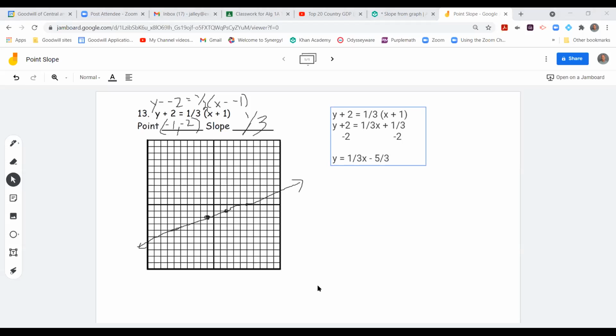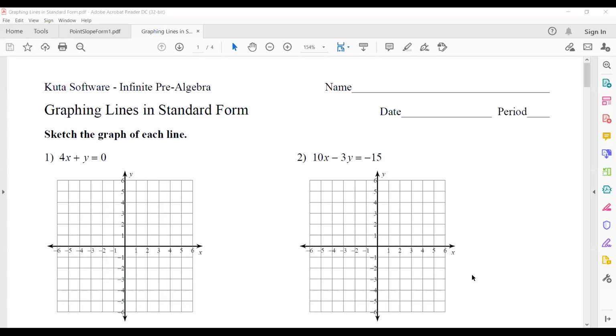I'm going to switch gears now to talk about something that when we were all together, we always called the cover-up method to help us find intercepts. Okay, I'm kind of circling back to standard form here a little bit because Tuesday we were talking about converting these into slope intercept form.